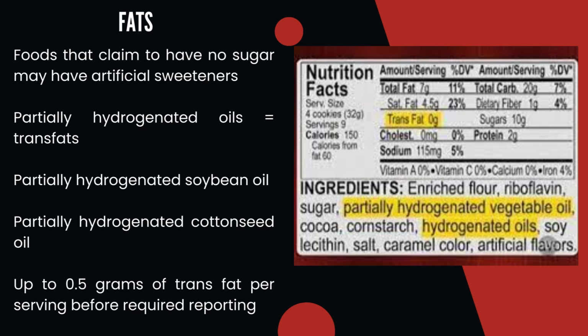The trans fats that are most likely to be encountered on a food label are partially hydrogenated soybean or partially hydrogenated cottonseed oil. Now, if a product contains fully hydrogenated oils, it doesn't mean that it's trans fat, but it does mean that it is very highly processed fat and should be avoided the same.